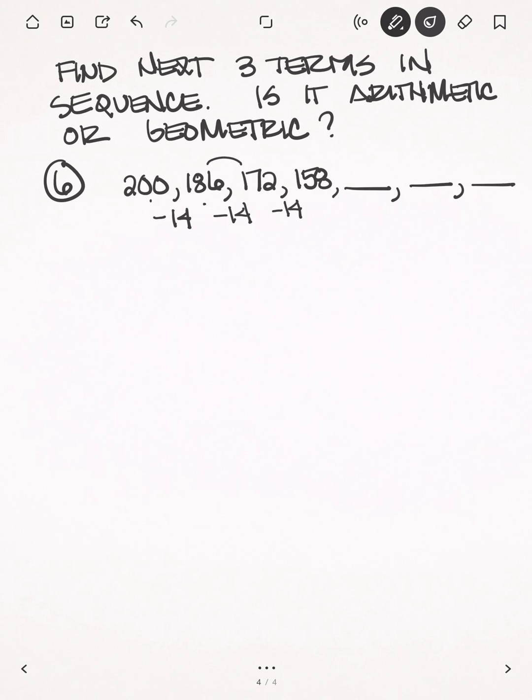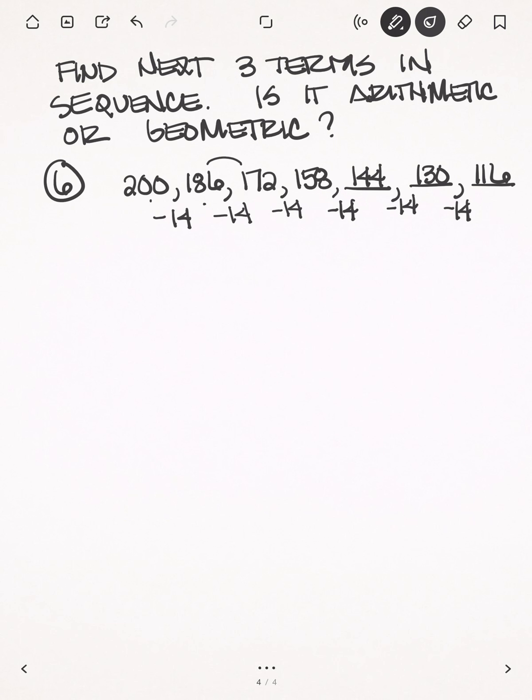So what is 158 minus 14? Well, we would get 144, and that would be the next term in the sequence. Subtract 14 again, and we get 130. Subtract 14 one more time, and we get 116.